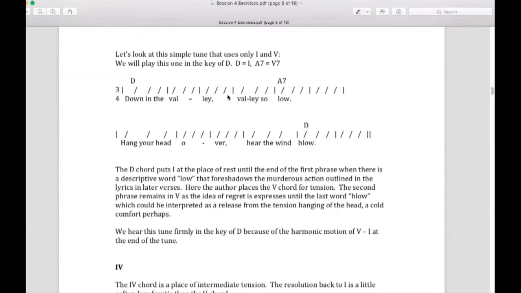So we go from 1 to 5/7 for the first phrase. The second phrase goes 5/7 back to 1.